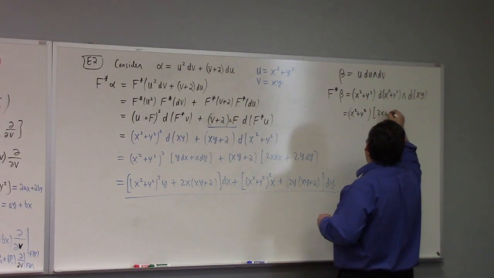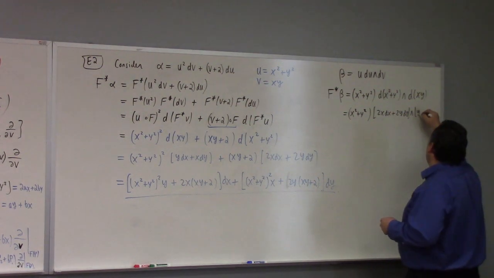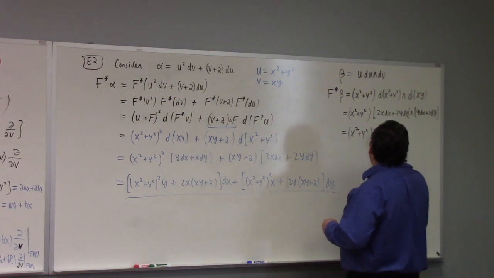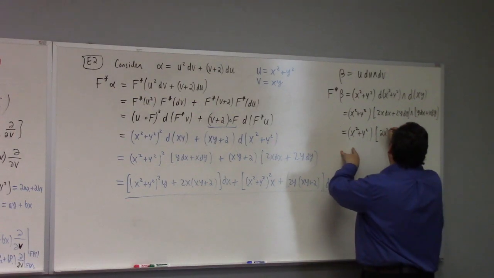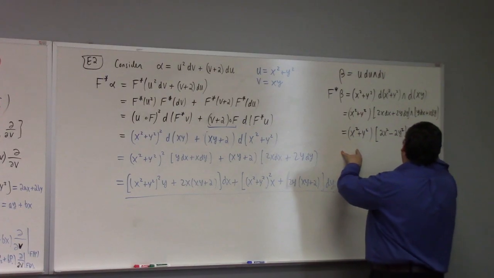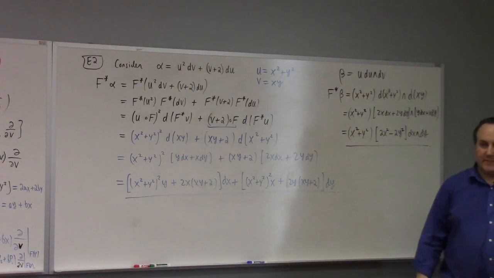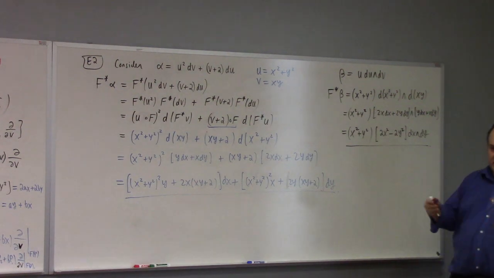You got yourself 2x dx plus 2y dy wedged with y dx plus x dy, which gives you x squared plus y squared, parentheses, 2x squared minus 2y squared, dx wedge dy. We could factor the 2 and clean it out, but there it goes. That's the pullback of that particular 2-form. It pulls back to a 2-form back in the xy space. This is pullback.